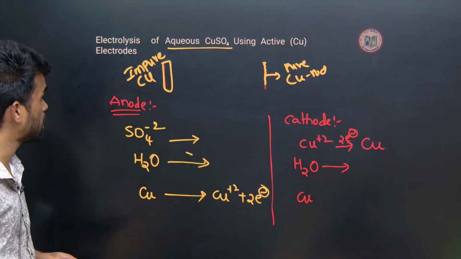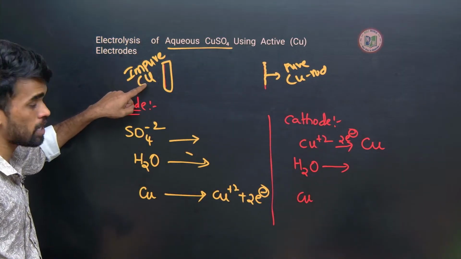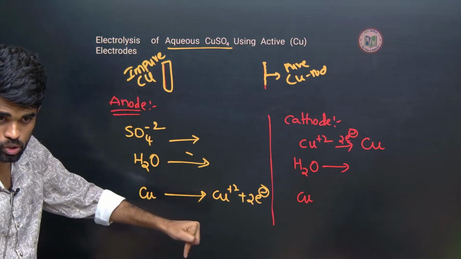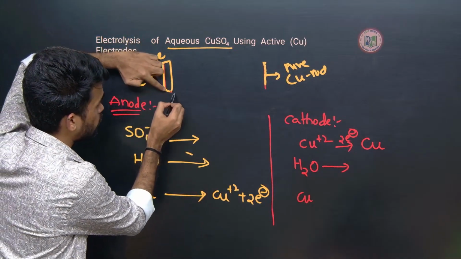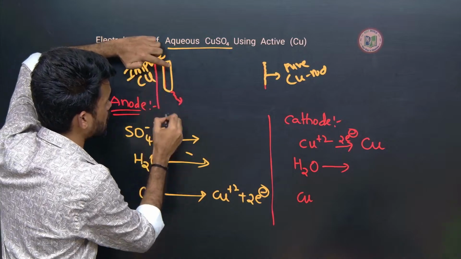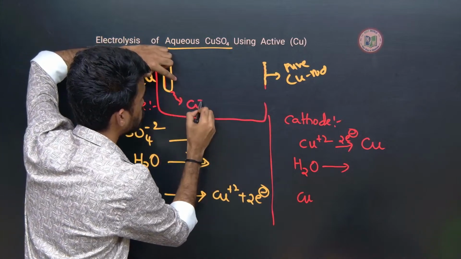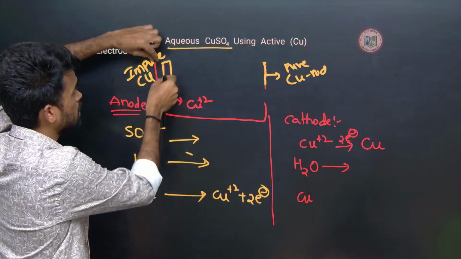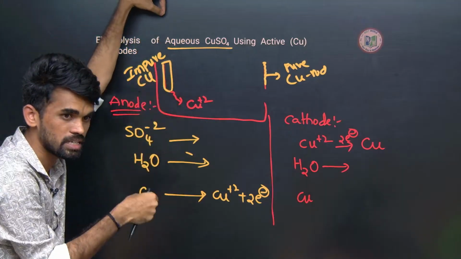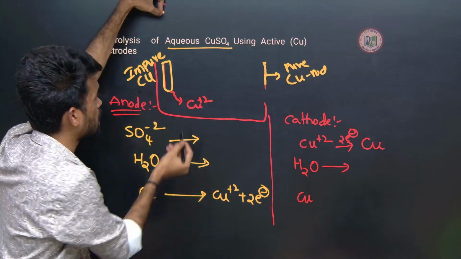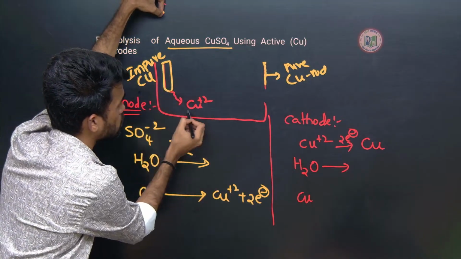Now what happens here, impure copper electrode is participating in the electrolysis process. Therefore, this copper electrode will be getting oxidized and converts into copper plus 2 ions. It means the weight of this copper electrode at anode increases or decreases? Decreases, because copper is converted into copper ions.